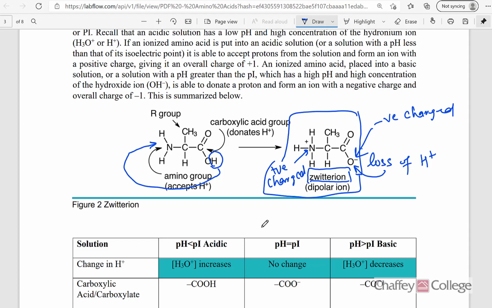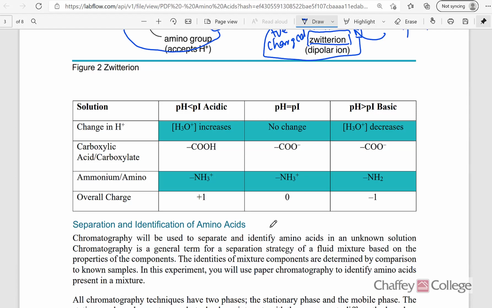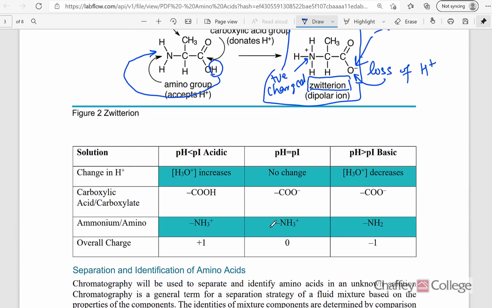So that's what happens when a proton is donated from the carboxyl group to the amine group, and it happens to all the amino acids. Another thing to consider is what happens when these amino acids are in acidic solution and what happens when they are in a basic solution. In acidic solution, when the pH is very low, we know that we have an excess of protons.